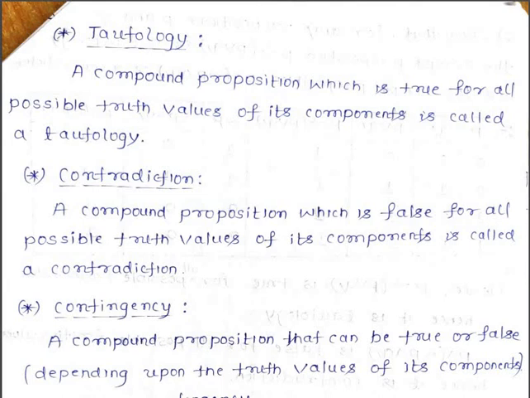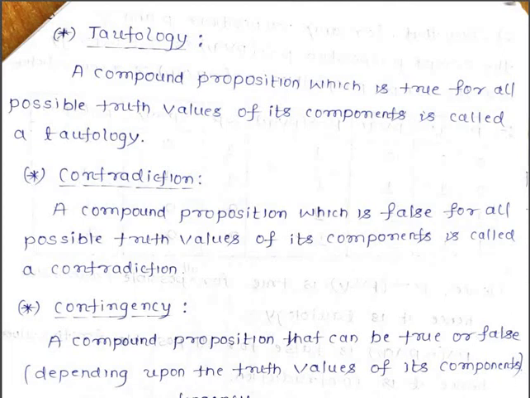What is contradiction? A compound proposition which is false for all possible truth values of its components is called a contradiction. For all the possible values, if you are getting false only, then that is called contradiction. For all the possible truth values, if you are getting true, then that is called tautology.